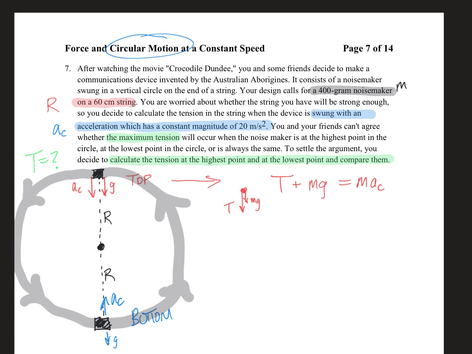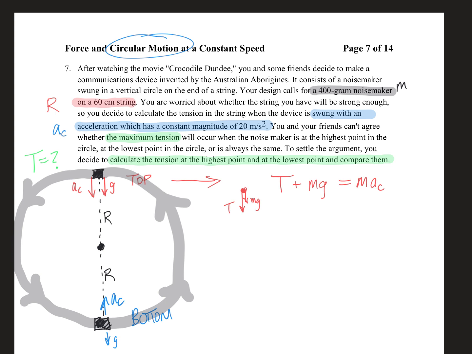So if you think back to the reading, net force equals MA. Okay, so let me put a little note here. Instead of that, I'm going to say sum of forces. So sum of forces equals MA.